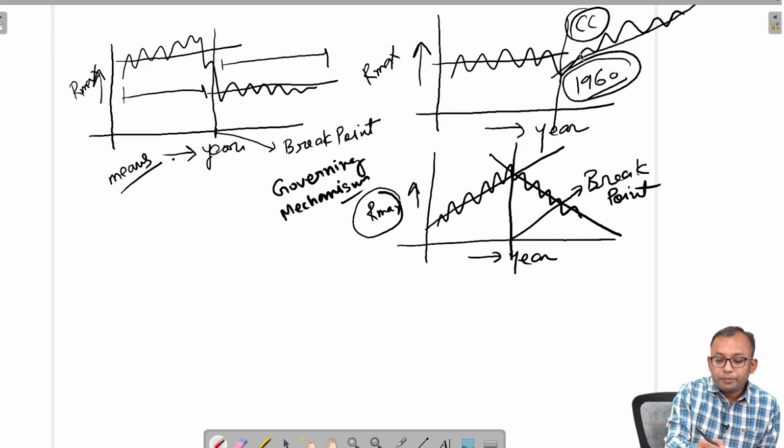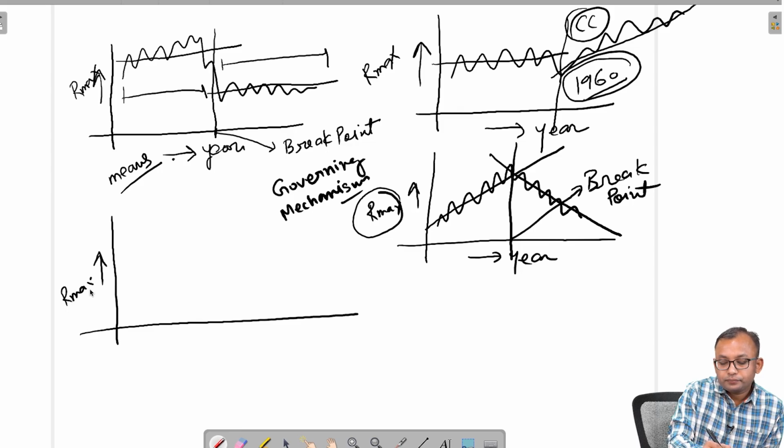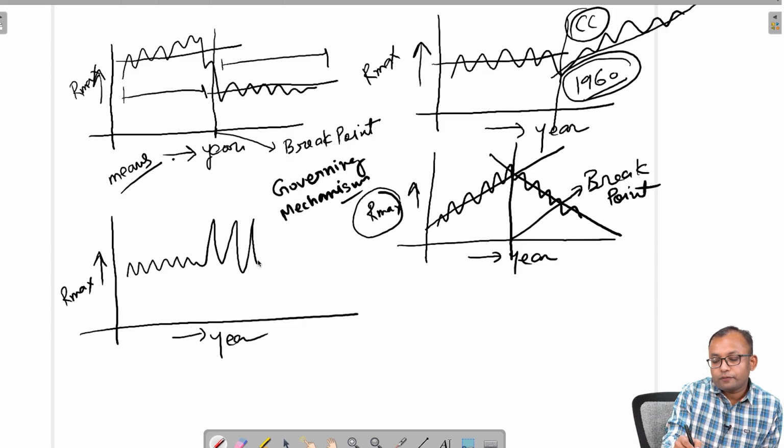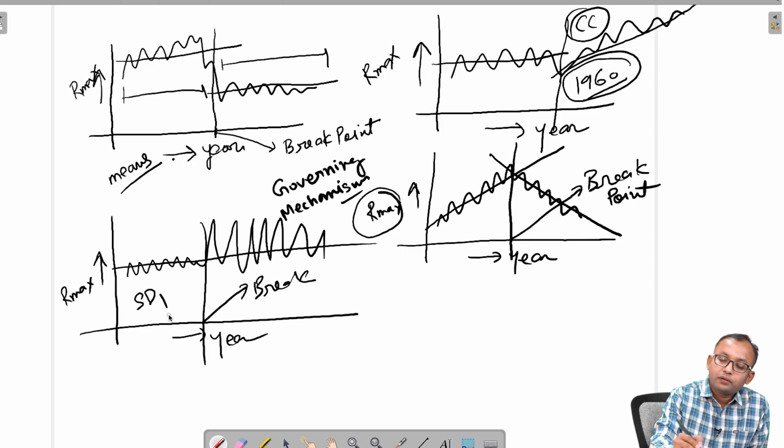So, this is basically the mean behavior. We can also have break points something like this. Suppose this is R max and this is year, and there is a smaller variability, and now we have larger variability in the data set. That is also a kind of break point, where the mean was somewhere close but the standard deviation has significantly changed.